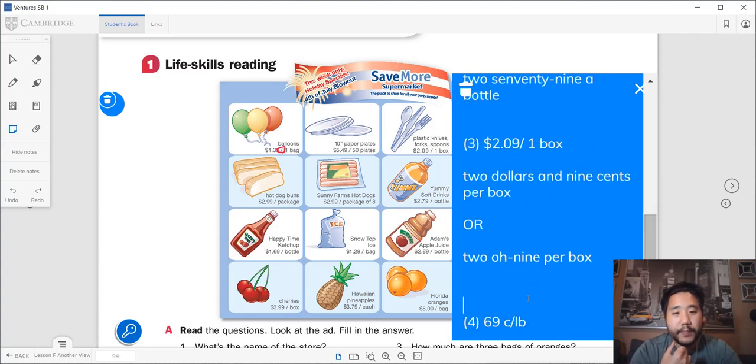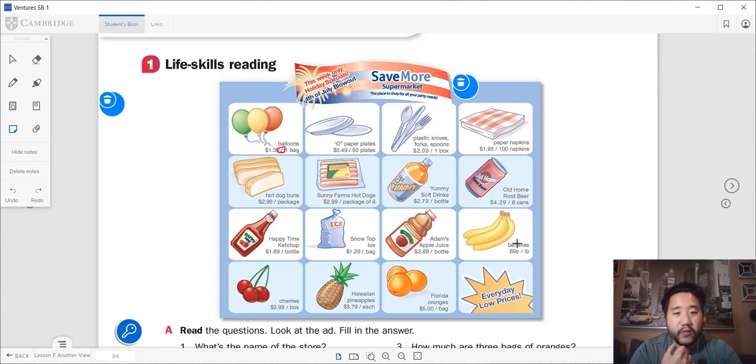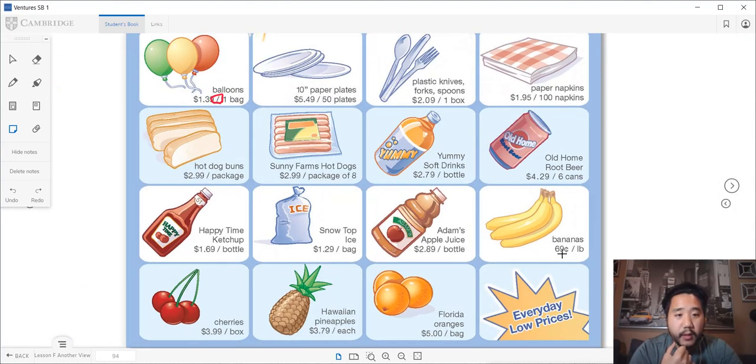Finally, let me show you this really fast. So for bananas, we have the symbol for cent. So it'd be 69 cents per pound. 69 cents per pound for this one.